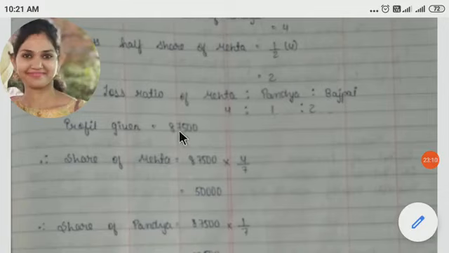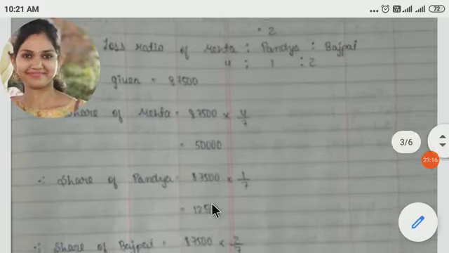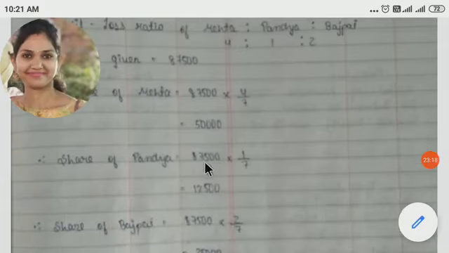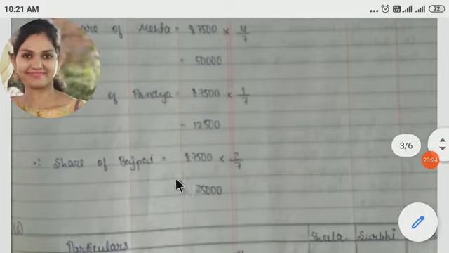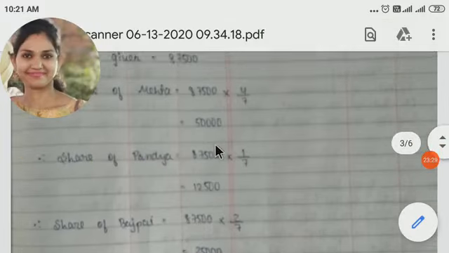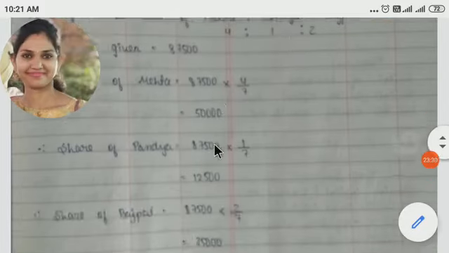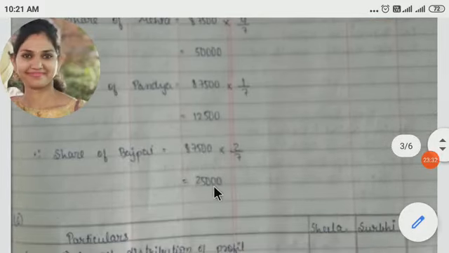Share of Mehta is 87,500 into 4 by 7, so 50,000. Share of Pandya is 87,500 into 1 by 7, so 12,500. And next, share of Bajpayee is 87,500 into 2 by 7, so you will get 25,000.